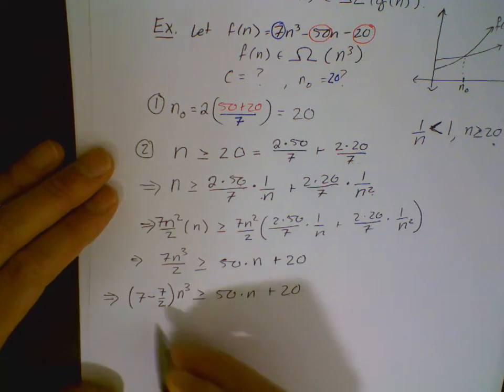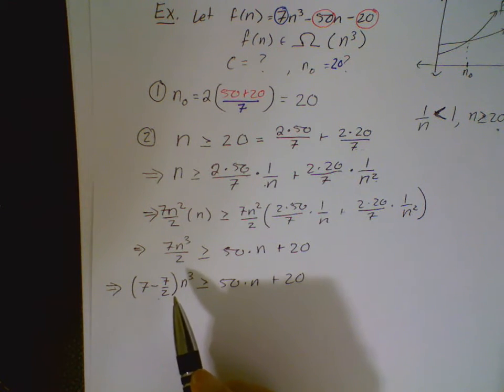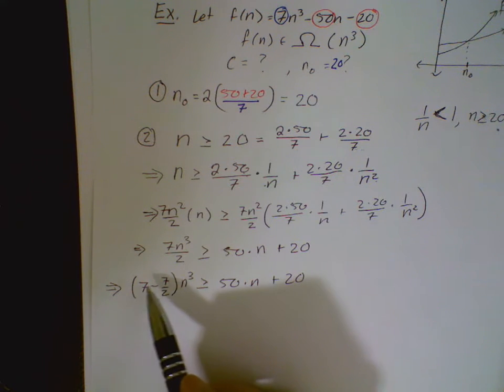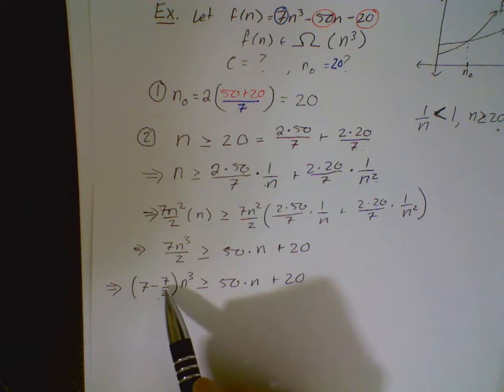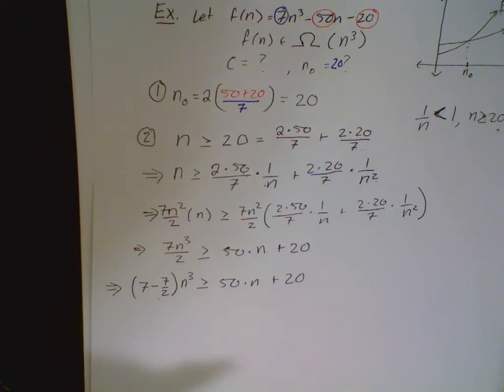And you can just prove it to yourself. Oh yeah, 7 minus 7/2 is the same as 7/2. You have 2 sevenths over sevenths minus 1 7 over 2. That simplifies to 7/2. So we're just expanding that.